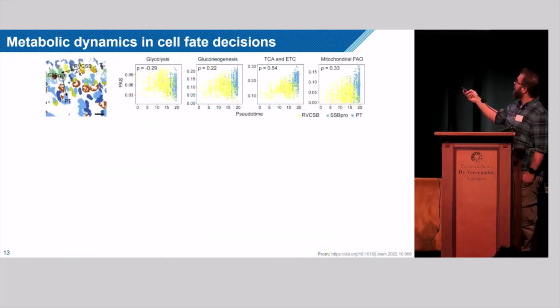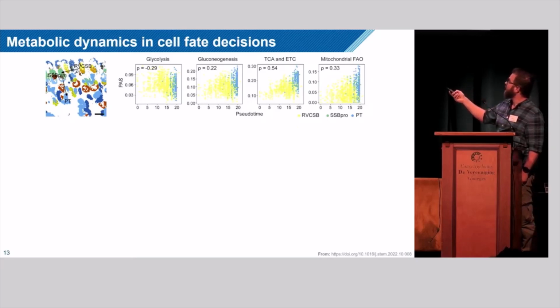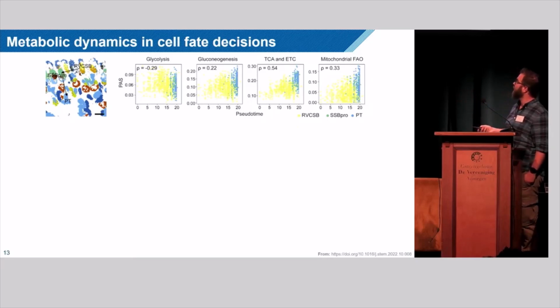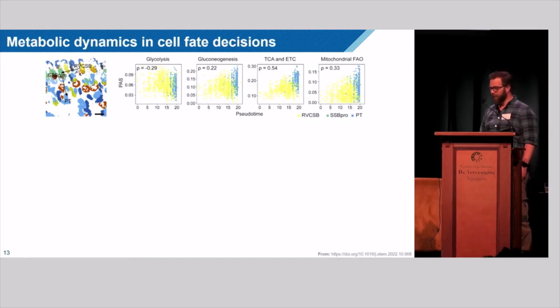So we now take all the cells from the renal vesicle stage, the S-shaped body stage, that develop further into the mature proximal tubules. If we look at the single-cell RNA sequencing data, we learn that in this development pathway we see a reduction of glycolysis, an increase of the TCA cycle, and an increase of mitochondrial fatty acid oxidation.